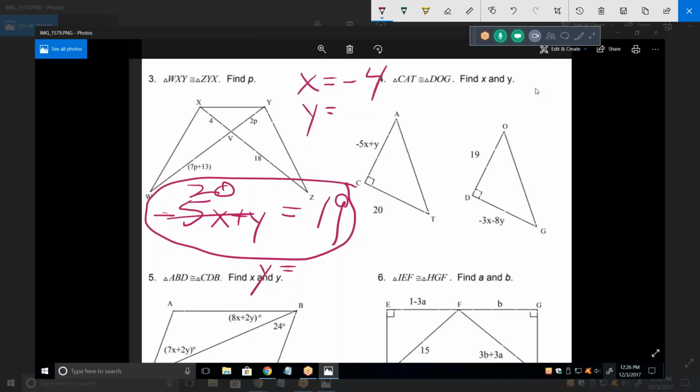No, you're trying to isolate y. Oh no. You were one hair away from the answer. Don't give up. You had 20 plus y equals 19. Solve that equation for y.